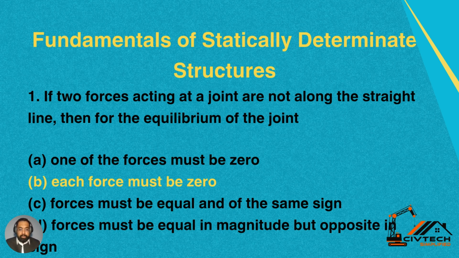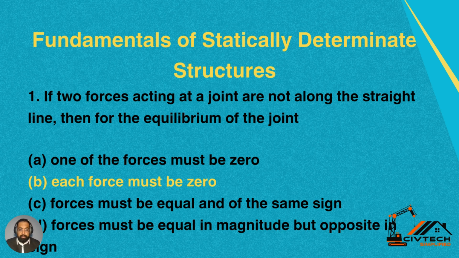The subtopic under structural analysis in this lecture is fundamentals of statically determinate structures. Question number 1. If two forces acting at a joint are not along the straight line, then for the equilibrium of the joint, option A, one of the forces must be zero. Option B, each force must be zero.